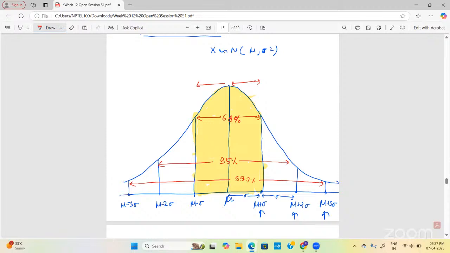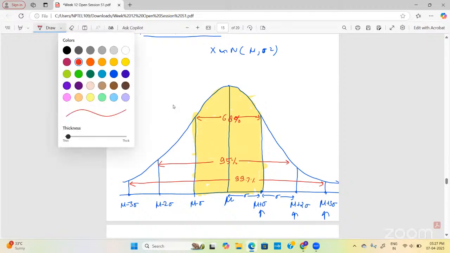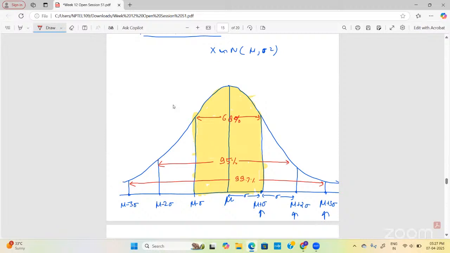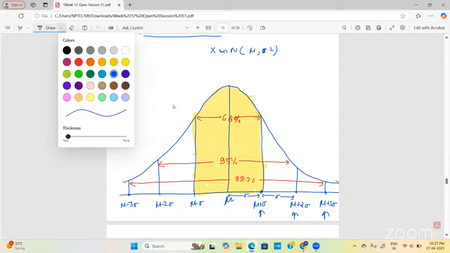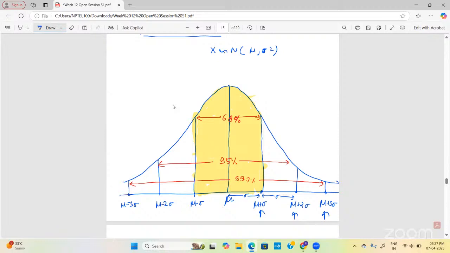Sorry to interfere. In this case, there is no point where it will be 100% coverage? No, 100% we don't define because, see, in a normal distribution we assume that most of the points lie within three standard deviations. Beyond mu plus 3 sigma, like beyond this line and here this line, there can be some points.